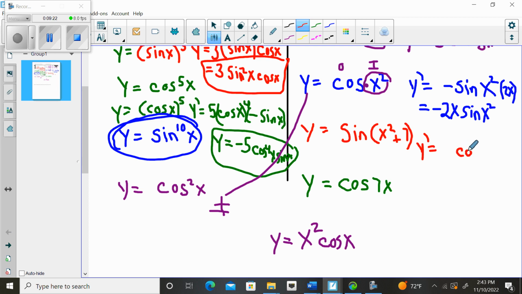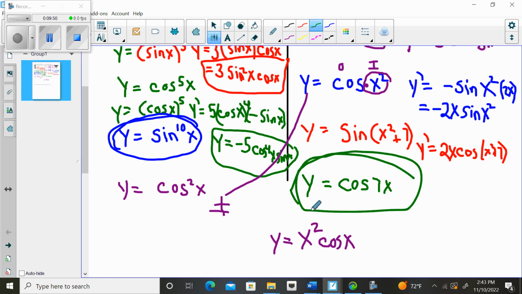I'd have cosine, keep the exact same angle, x squared plus 7, but I left space in front to take the derivative of the angle, which is 2x. So along with doing the derivative of sine of 10x, also send me the derivative of this, and that'll give you participation credit for today.